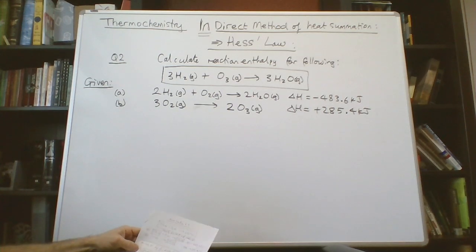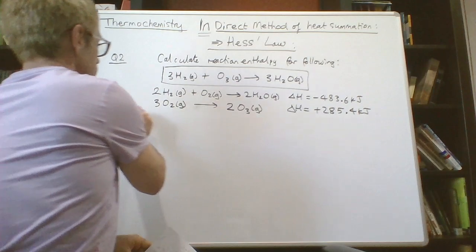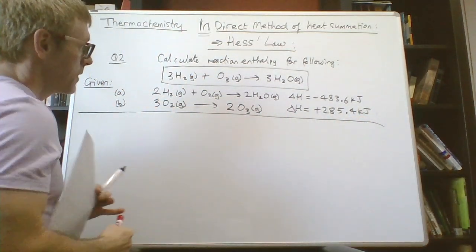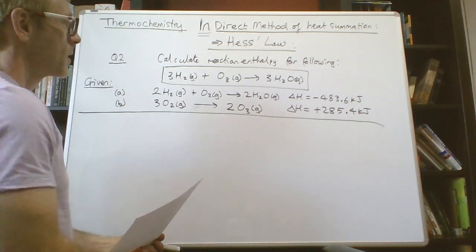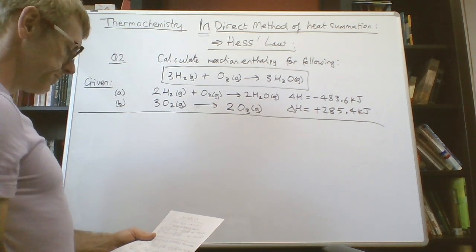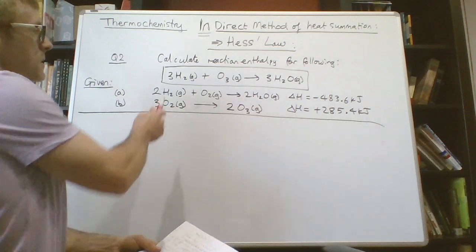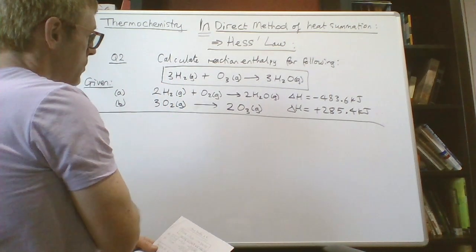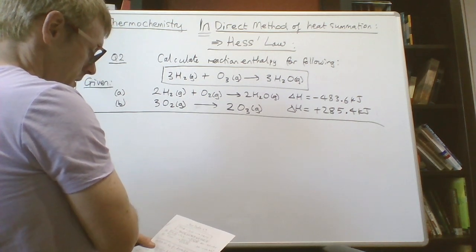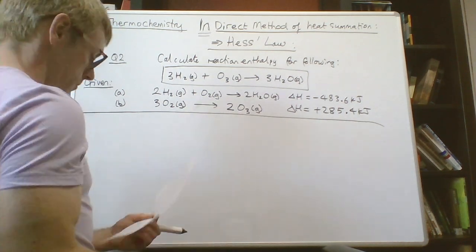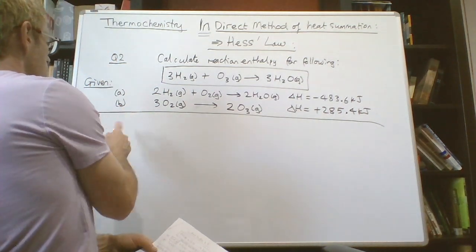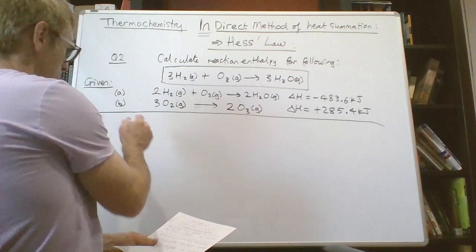We now need to come up with a plan. If we look at the information we're being given, I can see that I need hydrogen as a reactant. I have it, but I only have 2 of them and I need 3. So I need to multiply equation A by 3/2.